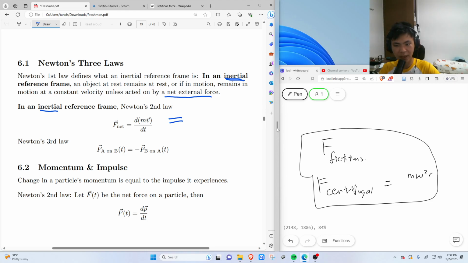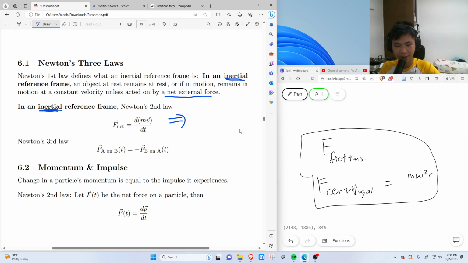It's just that we can derive what happens in non-inertial reference frames by changing coordinates into inertial reference frames first, and then deriving the equations. I'll talk more about this in a future lesson on rotating reference frames, because there's a bit of math in order to derive the fictitious forces. Okay, so that's Newton's second law.